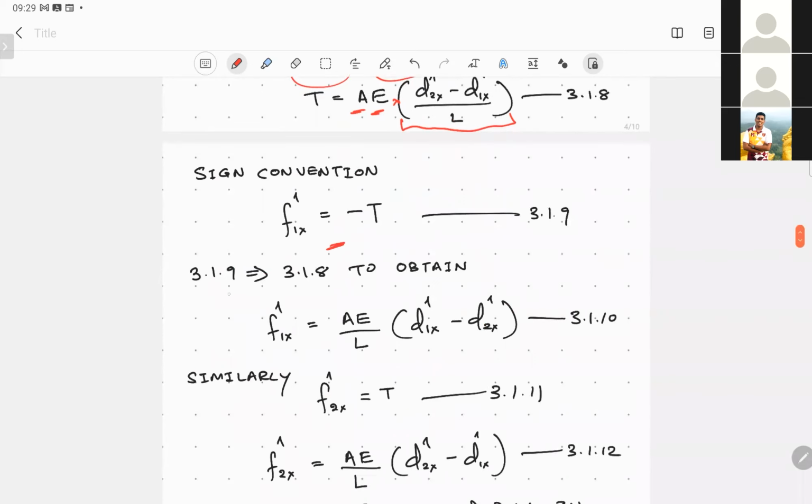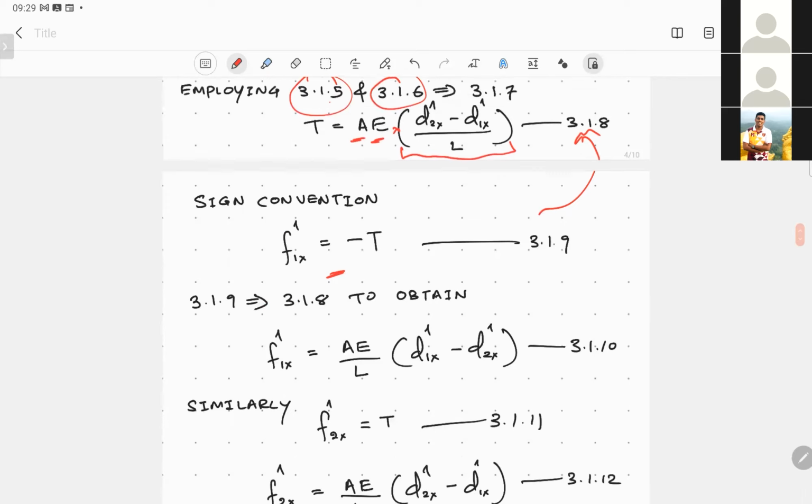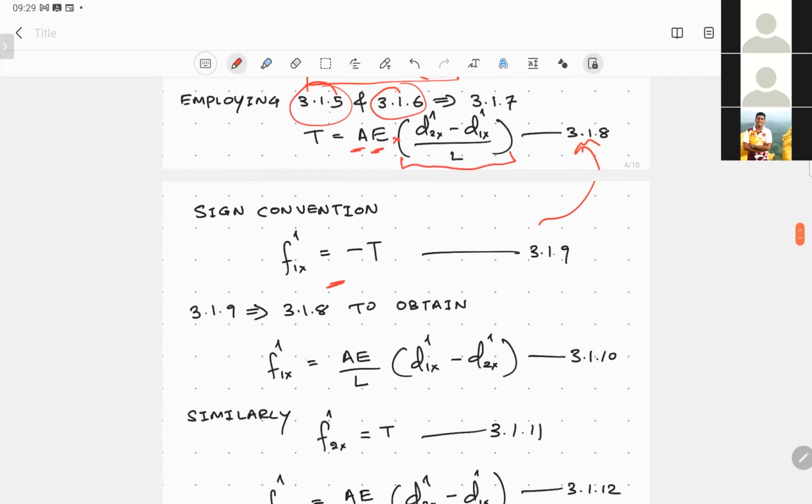We can do a substitution now. You can substitute equation 3.19 into 3.18 previous, apply the sign convention, of course, and substitute the tensile force, and what we end up with is a relationship which is explained by this equation.